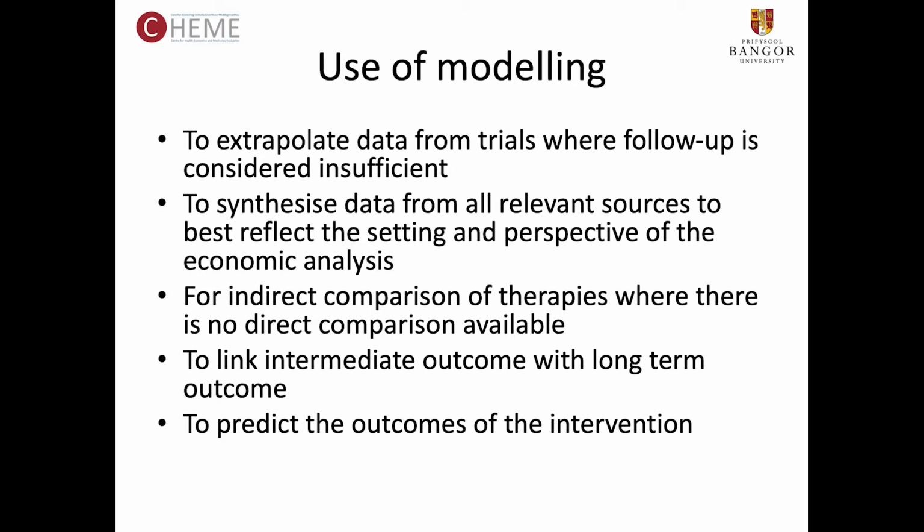A fourth potential application of modelling is to link intermediate outcomes with long-term outcomes. So, for instance, many trials in diabetes may have HbA1c as an outcome, though that in itself doesn't measure quality of life or survival.